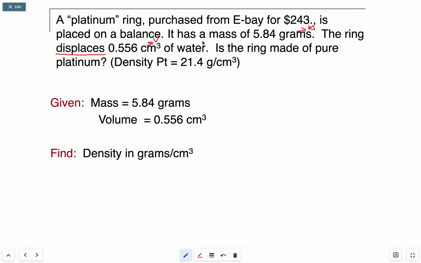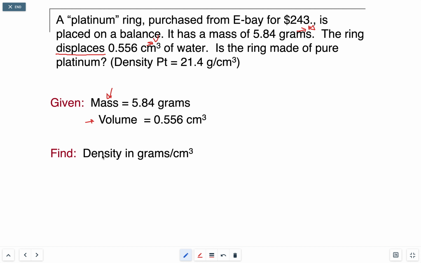What is relevant is the mass and the volume. So the mass directly is 5.84 grams. Now, when you read this displaces this amount of water, this is a volume. This is the Archimedes method of determining the volume of a solid. So this is the volume of the solid, of the ring.